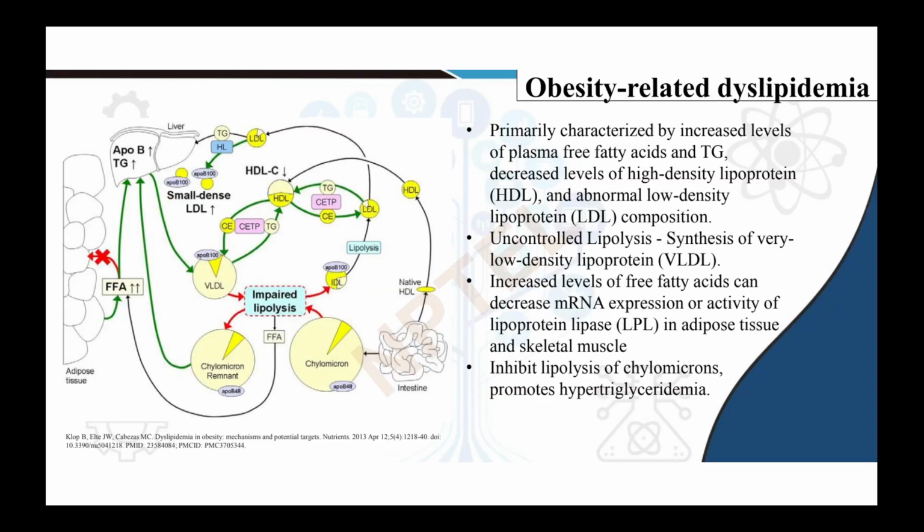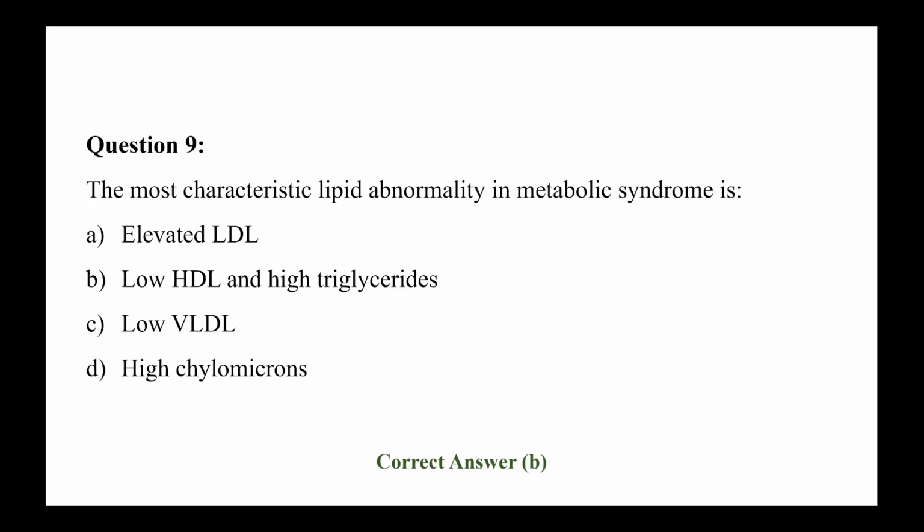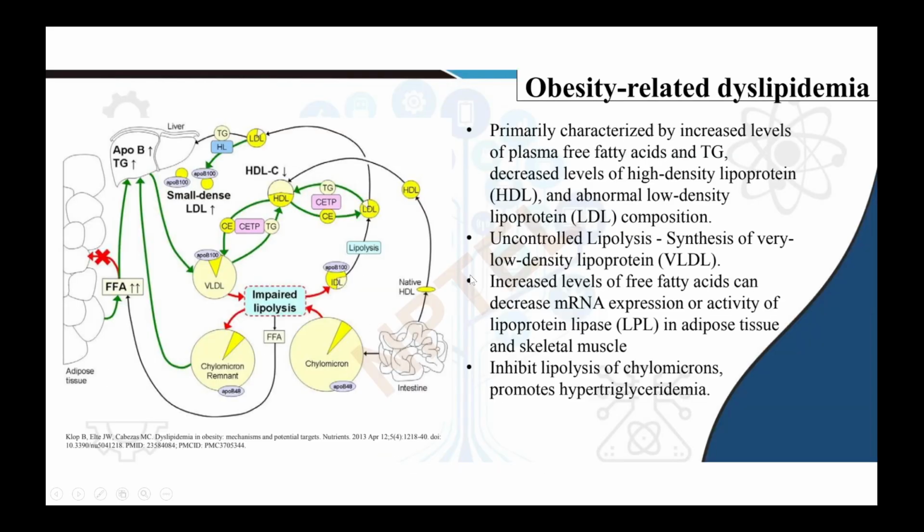So basically, this is a characteristic of lipid abnormality, which is called dyslipidemia. So, obesity related dyslipidemia is primarily characterized by the increased level of plasma free fatty acids and triglycerides and decreased level of HDLs and abnormal LDLs, and uncontrolled lipolysis is seen, due to which VLDL synthesis increases.